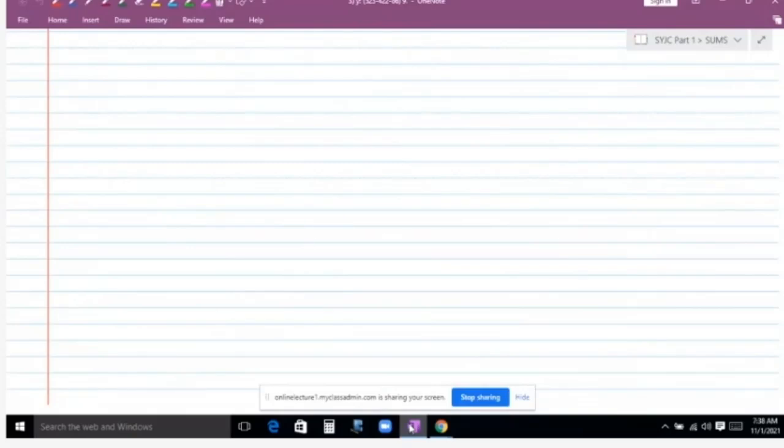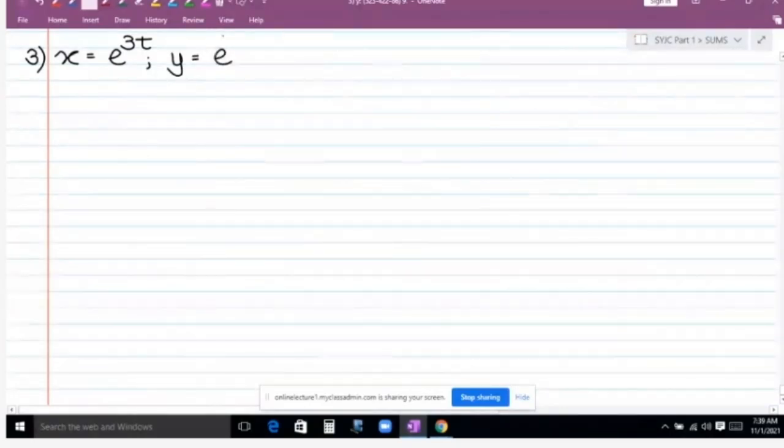Let's start with sum number 3. x is equal to e raised to 3t, comma, y is equal to e raised to 4t plus 5.